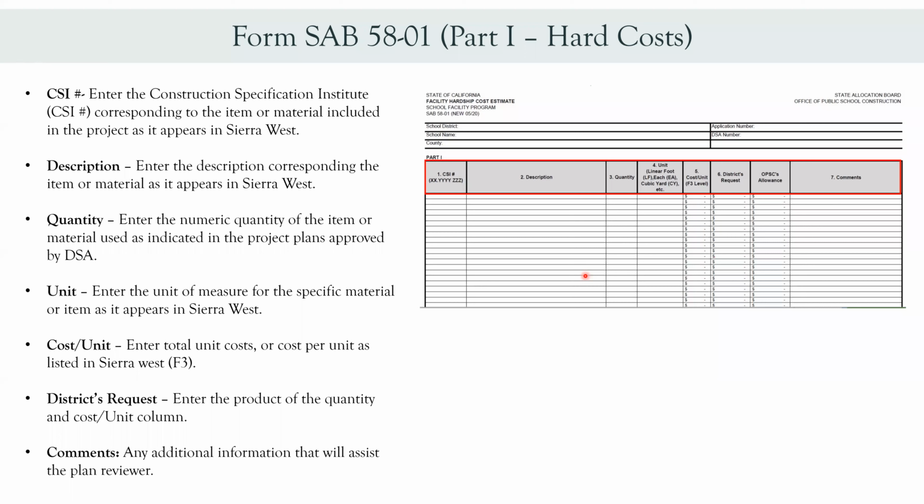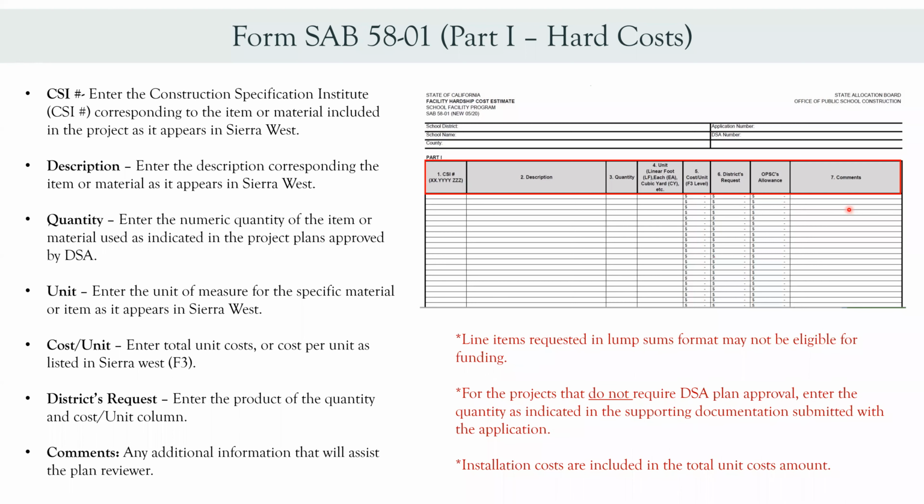For cost per unit, this is just the unit cost. Make sure you utilize category F3. District request is the quantity multiplied times the unit cost. OPSC allowance, you don't have to worry about filling that out. We filled that section out as our findings. And comments, once again, just like the site development worksheet, you just add any comments that you think might help the reviewer.